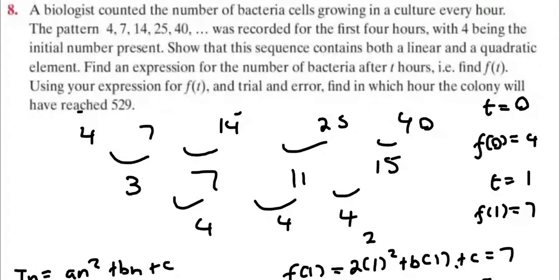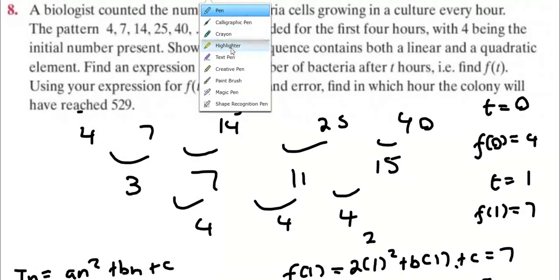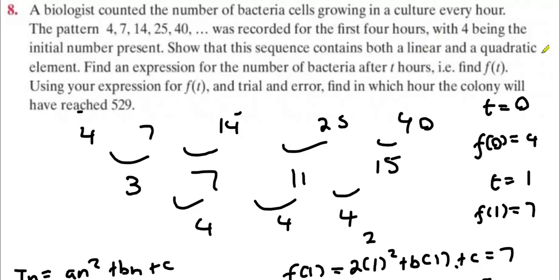I'll pause there. So what we did was we got a formula for the number of bacteria, 4 being the initial number present. So hence specifying T0 is 4. Show that the sequence contains both a linear and quadratic element. Okay, what's the quadratic element? We just got it, didn't we?